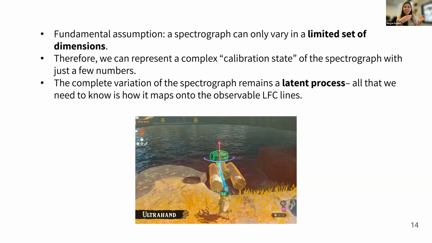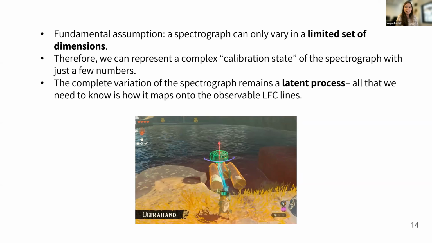Like in the game of the year, Legend of Zelda: Tears of the Kingdom, Link has the ability to pick up an object and you can manipulate it into any possible orientation in space using just these two vectors of control. That's a simple example of a limited number of basis vectors that you can project onto to achieve any different configuration.